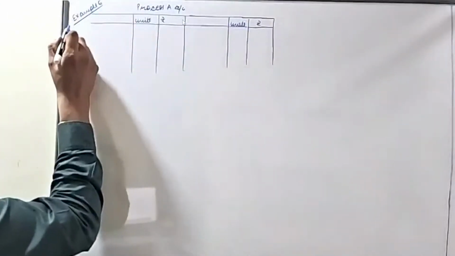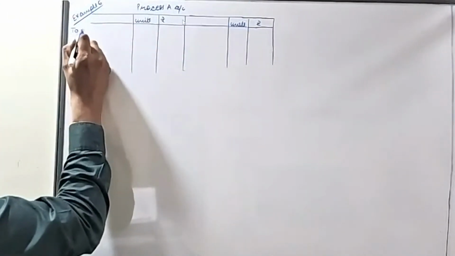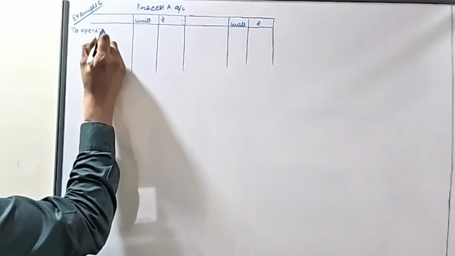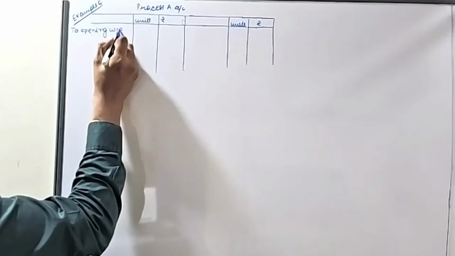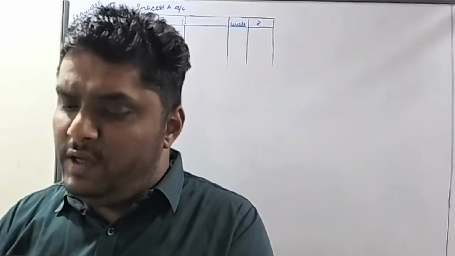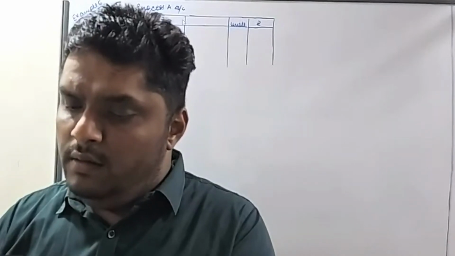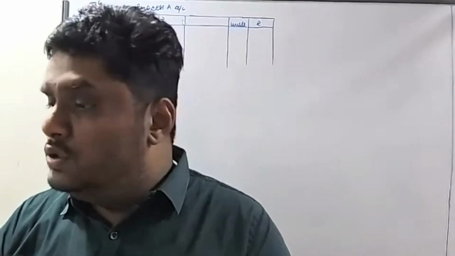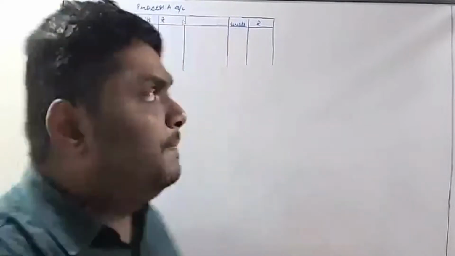So opening work in progress, 2,000 units. When talking about the total cost of opening work in progress, it is 45,000 plus 15,000 plus 80,000. So it is 1,40,000.